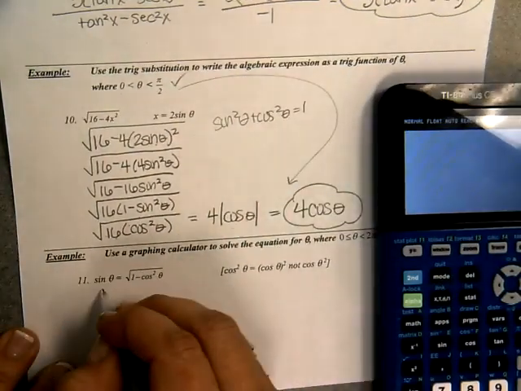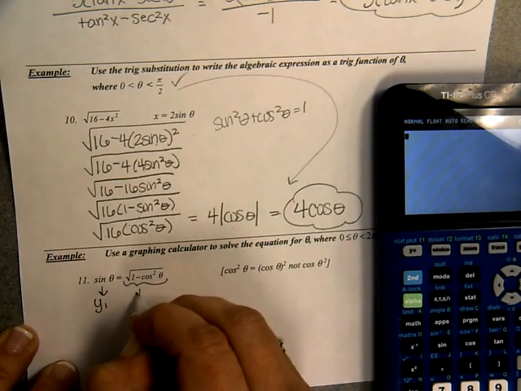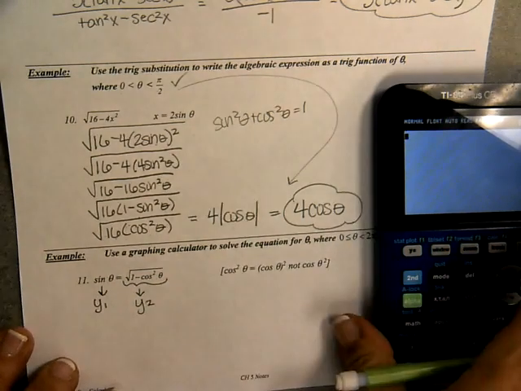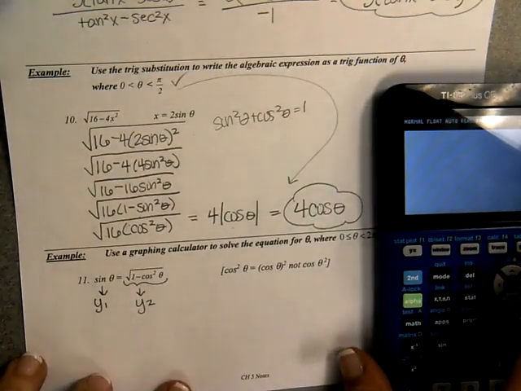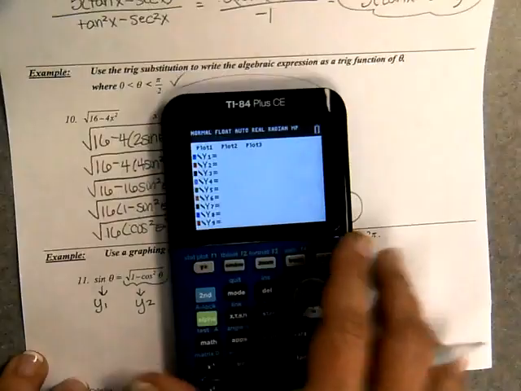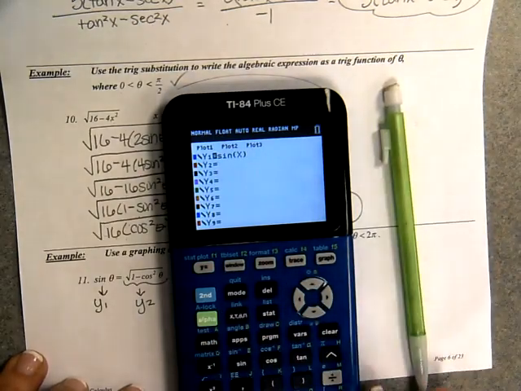And again, that means that we're going to put one of these sides in y1, and we're going to put this other side in y2. And we can make a note where they're going to intersect. So let's just type those in. In my y1, I have the sine of x.